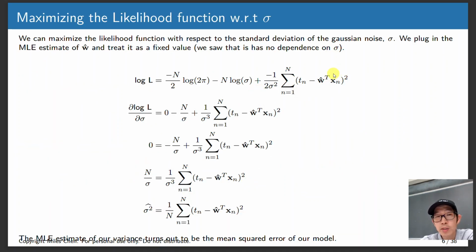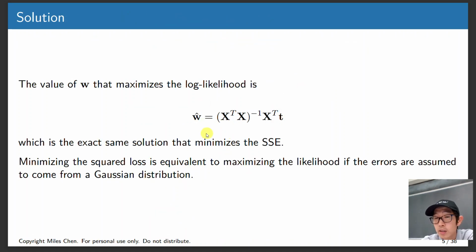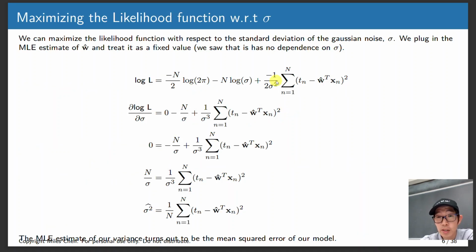What I'm going to do is take our MLE estimate of W, plug that W hat in, and treat it as a fixed value. We saw that our estimate of W hat does not depend on sigma at all. It really just depends on X. So can we plug that in and maximize this with respect to sigma?